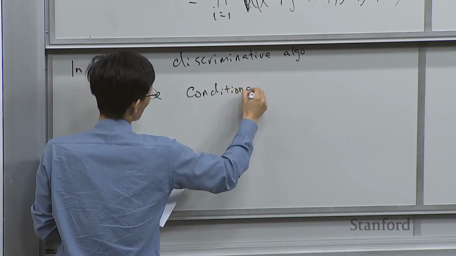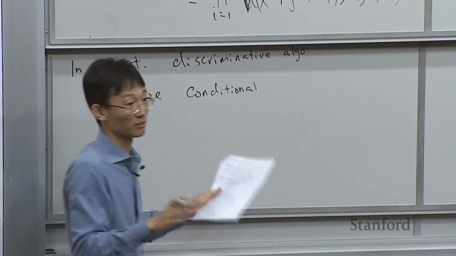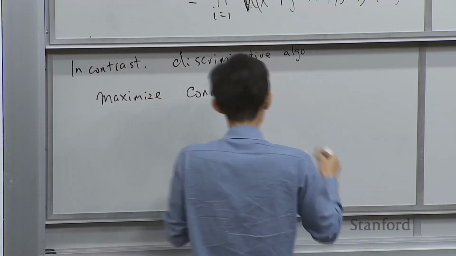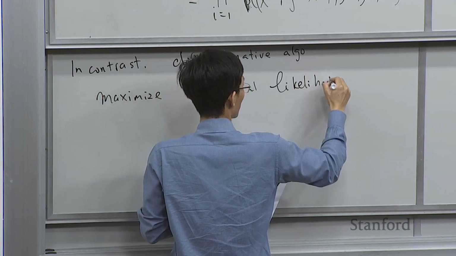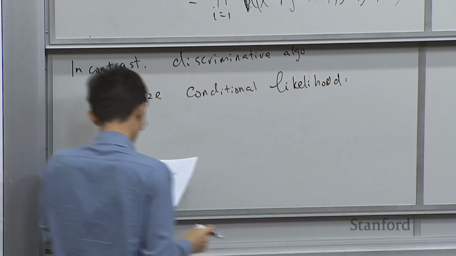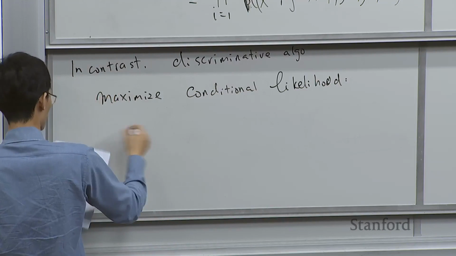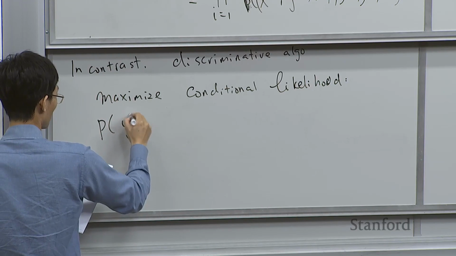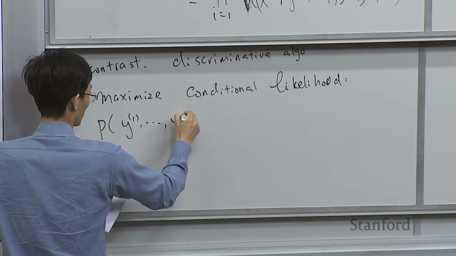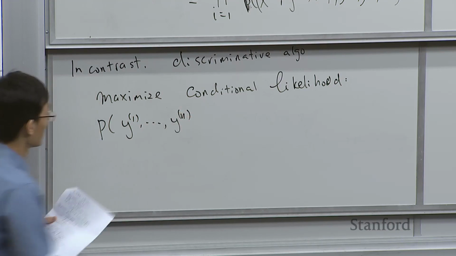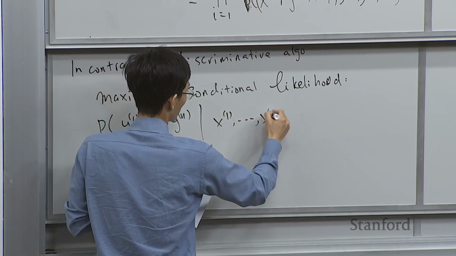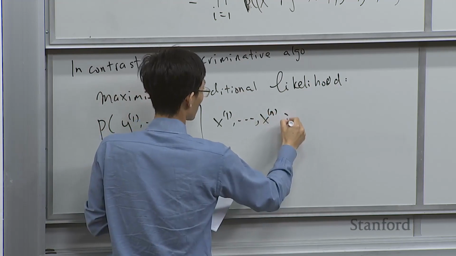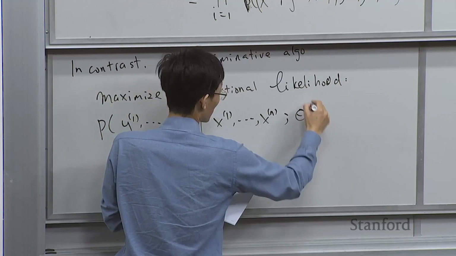Even though in many cases people just drop the word conditional when that is clear from the context. And the conditional likelihood is this probability of seeing the family of labels conditioned on the inputs and the parameter theta.